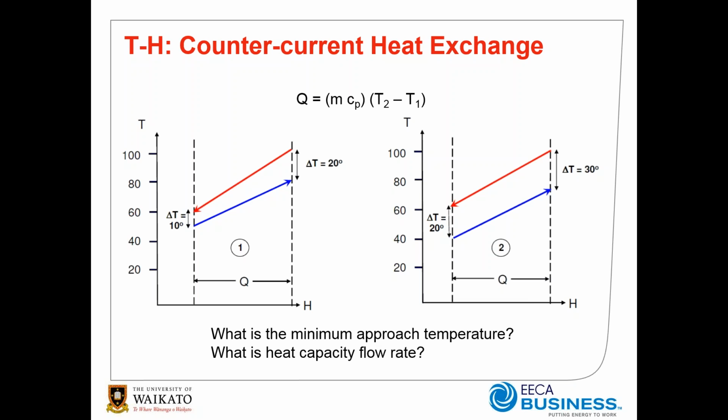Essentially, as we shift these two curves together or apart, then that approach temperature can change as we try to increase the duty of the heat exchanger. On the right-hand side, we see another diagram with just larger approach temperatures of 20 and 30 degrees, with the minimum being 20 degrees.